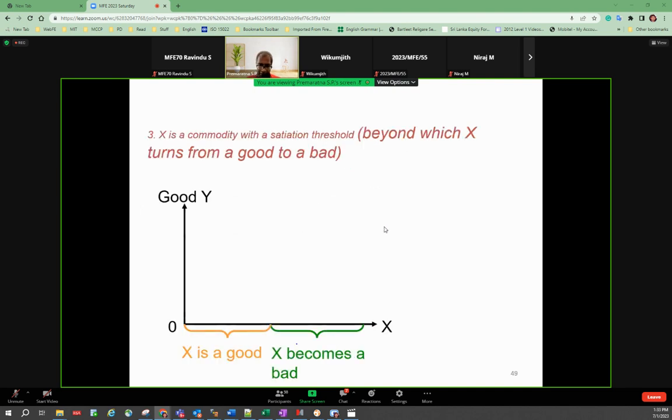And now this one is also interesting: up to a certain level the good is good, after that it becomes bad. Let's say alcohol. Maybe even wine, some people say that's good for cholesterol, but if you take too much, it becomes bad. Some services also, taking more and more is bad for your health.